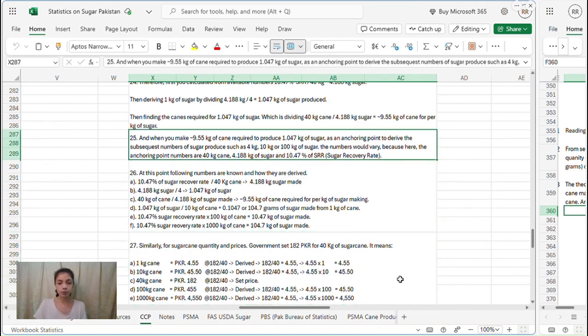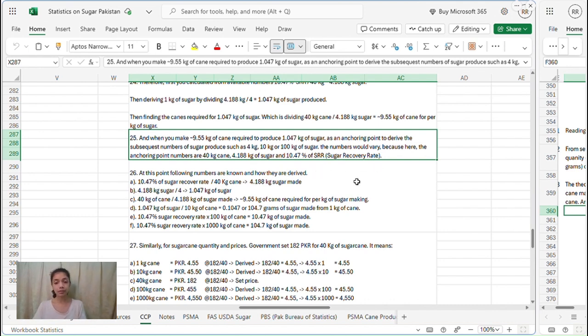And then point number 25 says, when you make 9.55 kg of cane required to produce 1 kg of sugar as an anchoring point to derive the subsequent numbers of sugar produced, such as 4 kg, 10 kg, 100 kgs of sugar, the numbers would vary because here the anchoring point numbers are 40 kg cane, 4.188 kg of sugar, and 10.47% of sugar recovery rate.